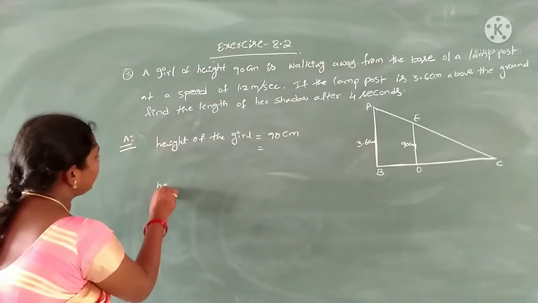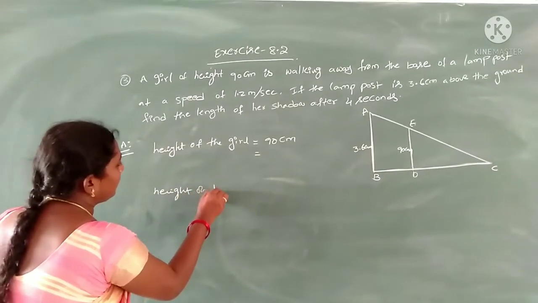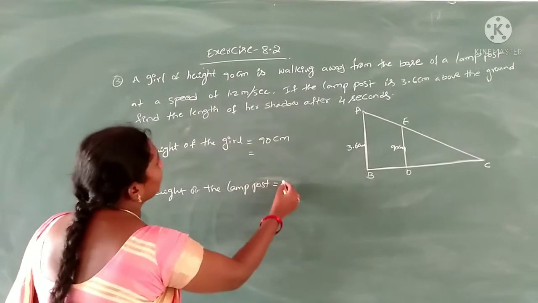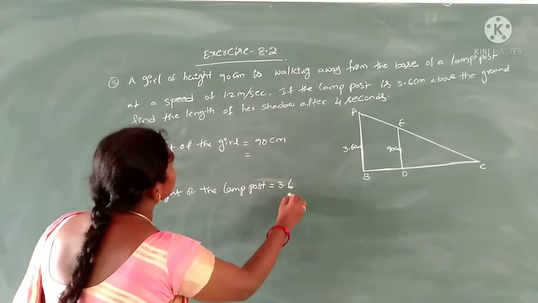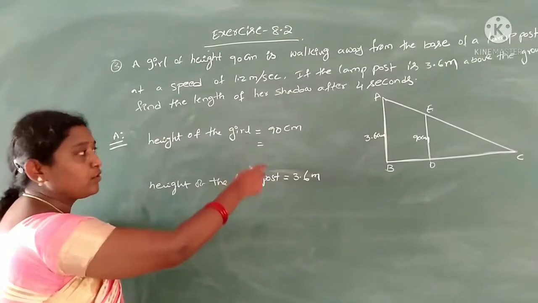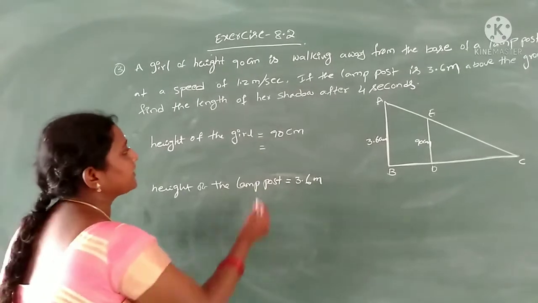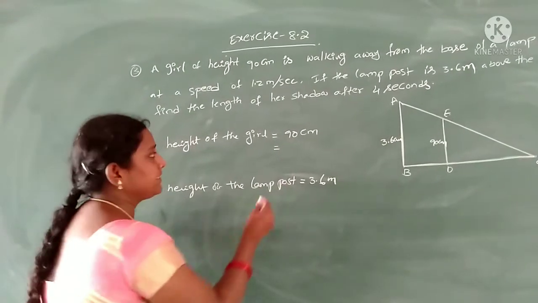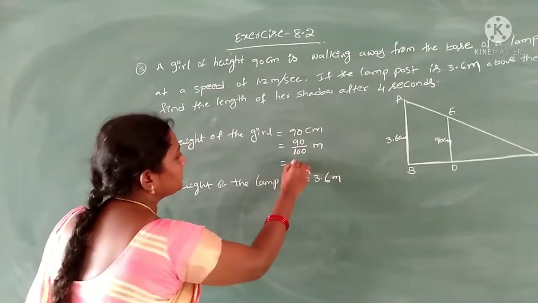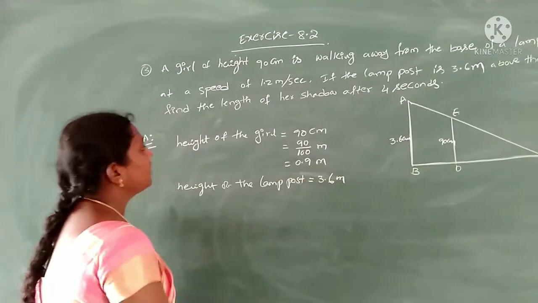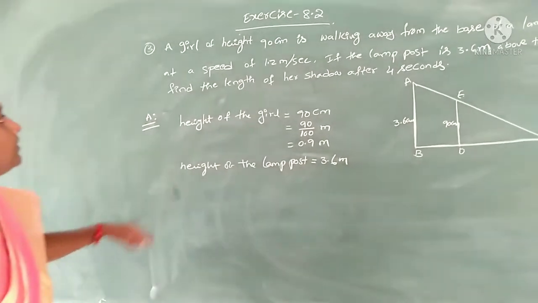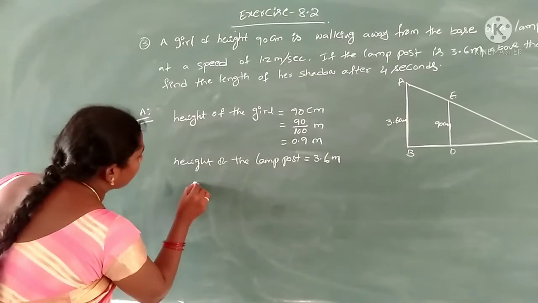Height of the lamppost equals 3.6. This value is in meters and that value is in centimeters, so we convert centimeters into meters. 1 meter equals 100 centimeters. So 90 by 100 meters equals 0.9 meters. So 90 centimeters converted to meters is 0.9. Next, speed of girl.